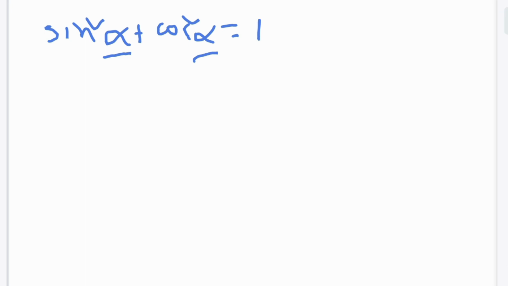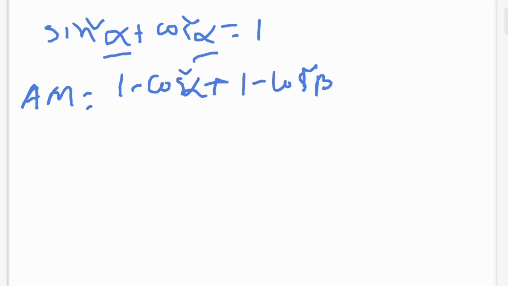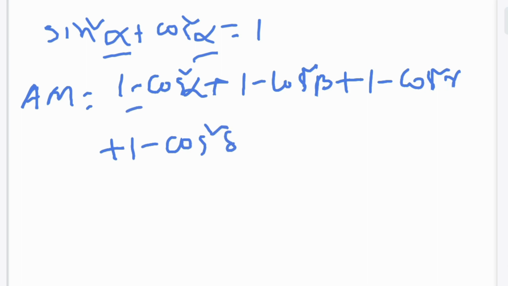Now guys, we know that sin square alpha plus cos square alpha equal to 1. Basically they have to be the same angle. So we can write the AM with sin square alpha as 1 minus cos square alpha, plus 1 minus cos square beta for sin square beta, similarly plus 1 minus cos square gamma plus 1 minus cos square delta, over 4, right?